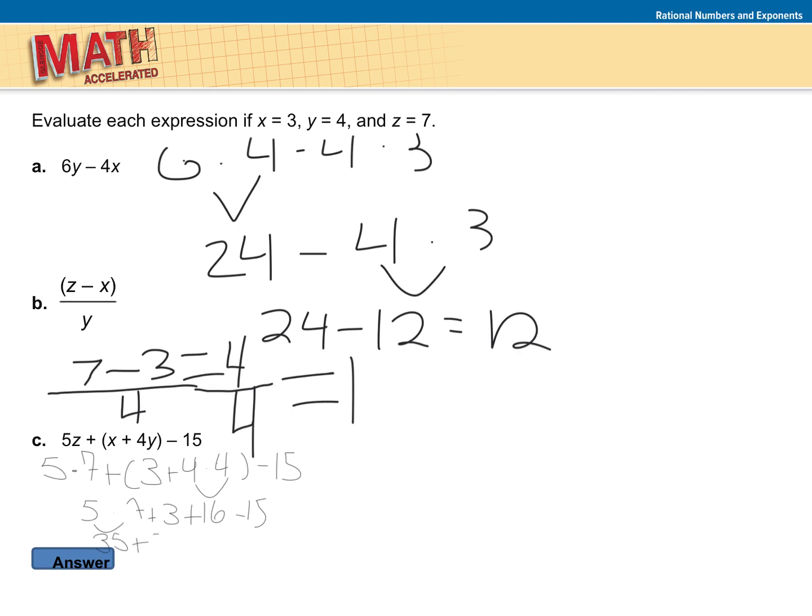And then I put plus 3 plus 16 minus 15. 35 plus 3 is 38, and plus 16 is 54. And 54 minus 15 is 39. Good. Nice job.